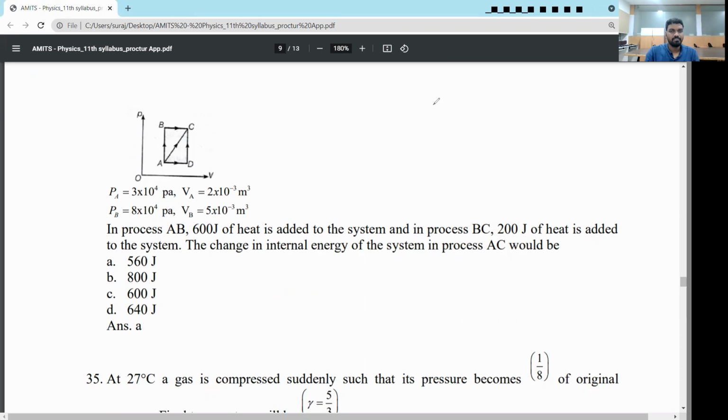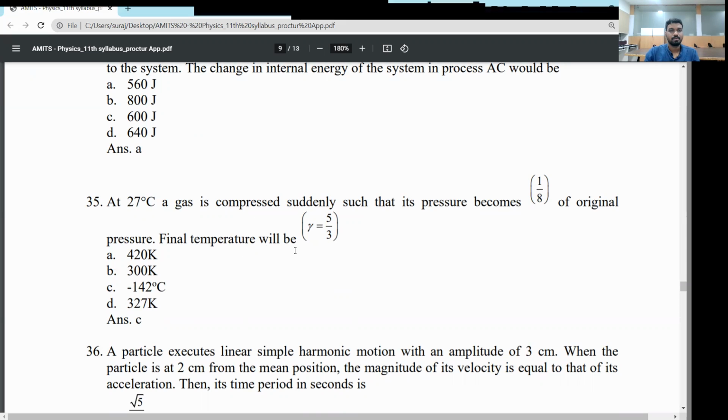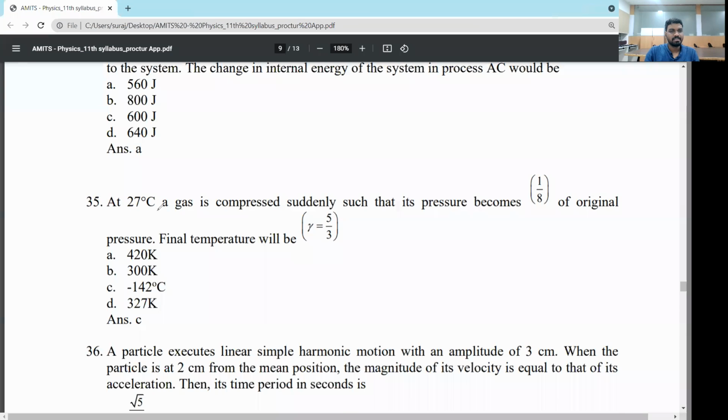Coming to question number 35. At 27 degrees Celsius, a gas is compressed suddenly such that its pressure becomes 1/8 of the original pressure. Final temperature will be?